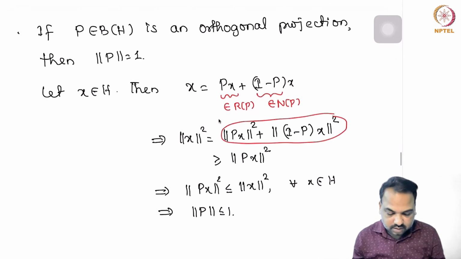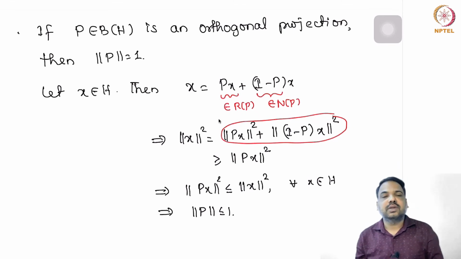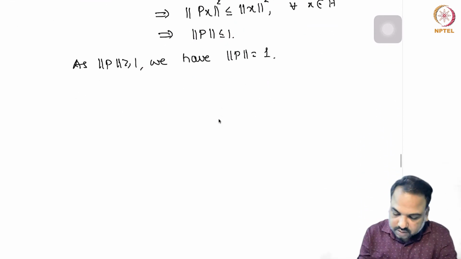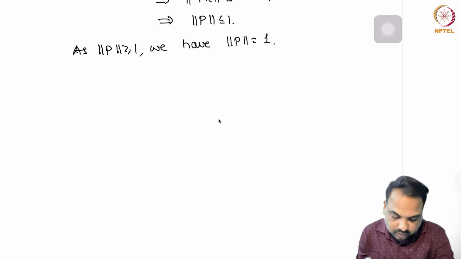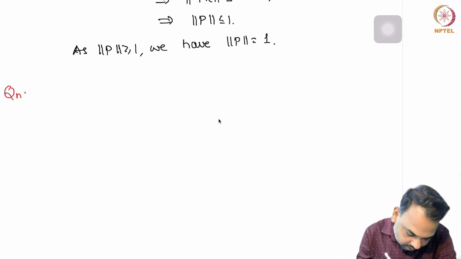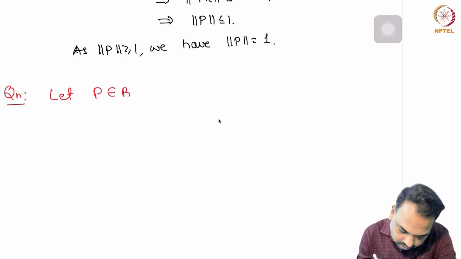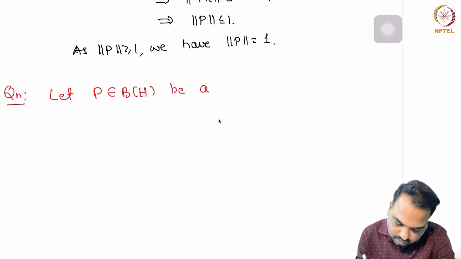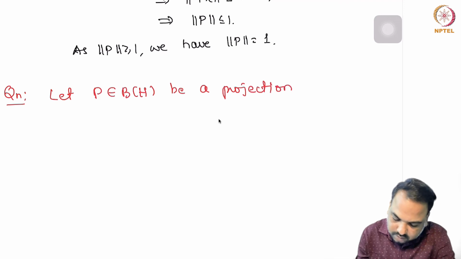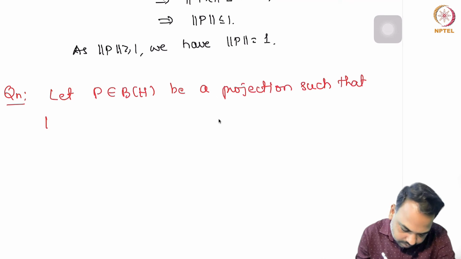Now can we say the converse is also true? So the question is the following. Let P be a non-zero projection such that norm of P equal to 1.